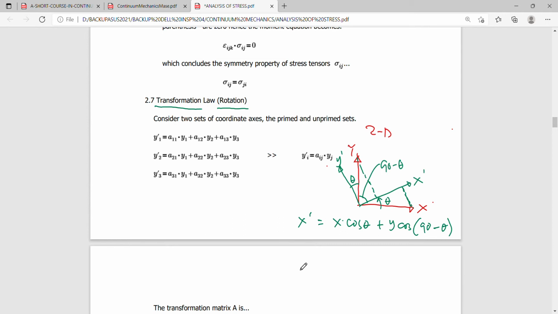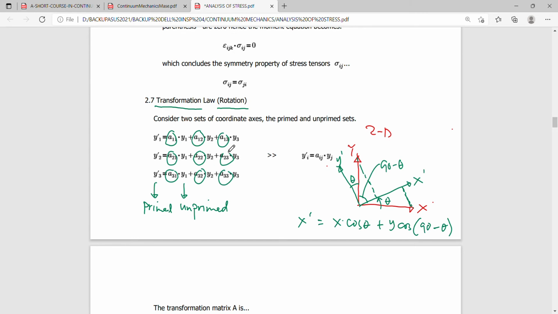Okay, so the transformation from a three-dimensional spatial description, from an unprimed axis, so this is the old or unprimed set of coordinate system to the prime set of coordinate system, is actually given by these values here, which are actually the coefficient matrix, or what you call the matrix of direction cosines.